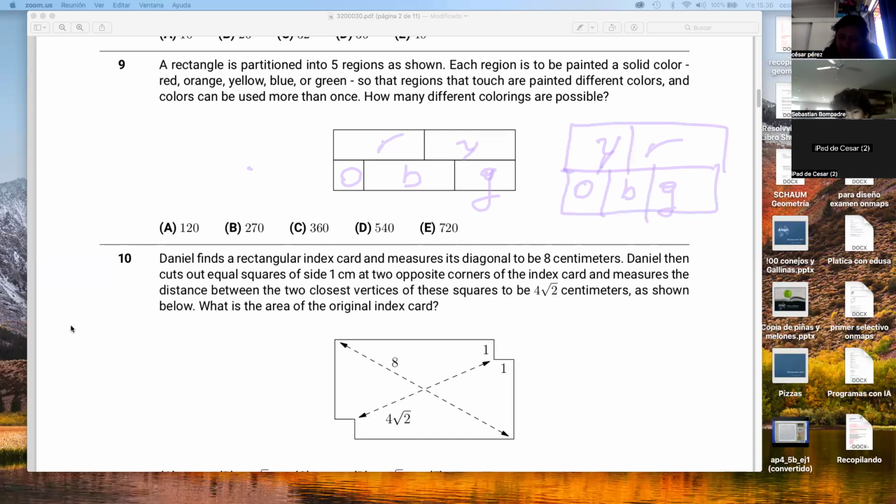Okay, yes, those are different because here yellow is touching green and blue. Here, yellow is touching orange and blue. It's a different coloring. Es una coloración diferente, ¿sí? Aunque haya cambiado estos dos de lugar, sigan siendo los mismos colores, se ve diferente. ¿Ok? Yes? Do you understand? Sí. Okay.